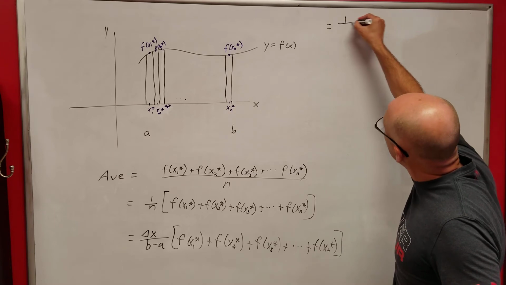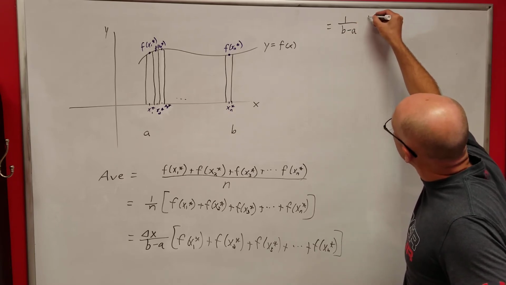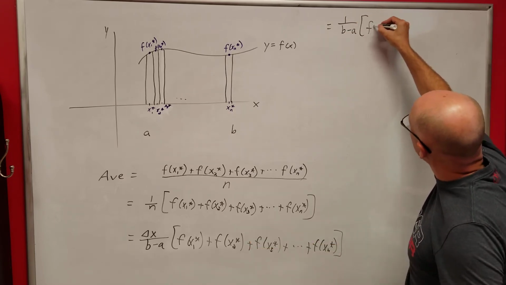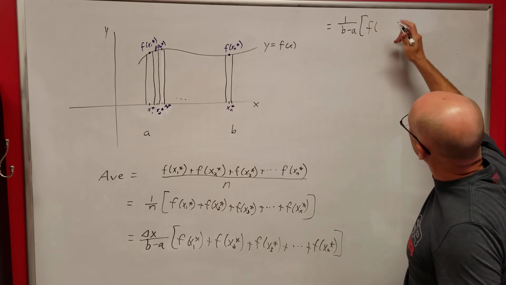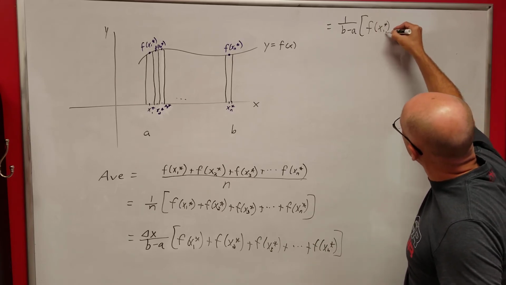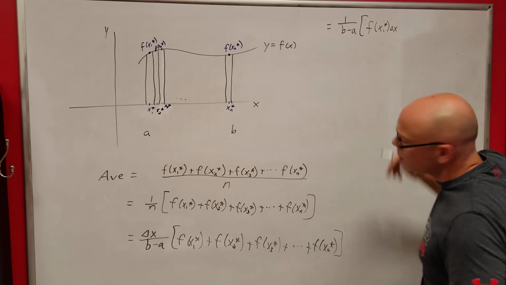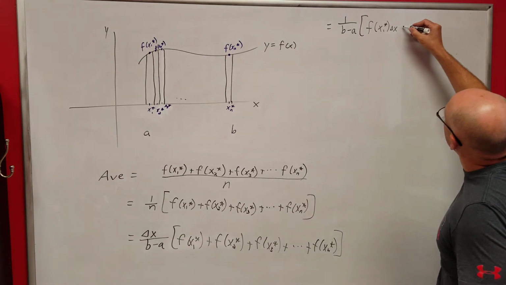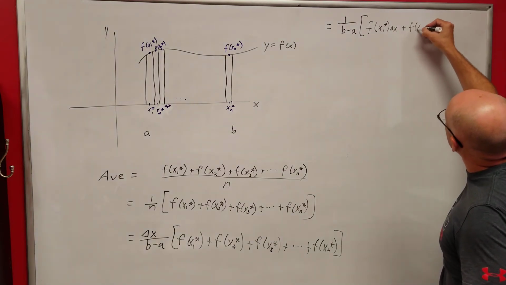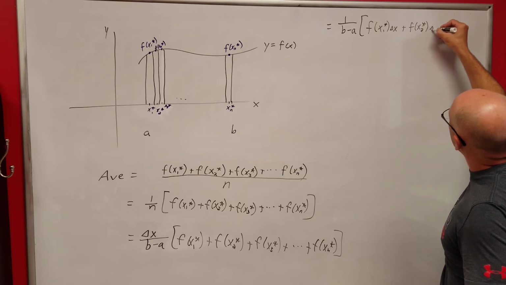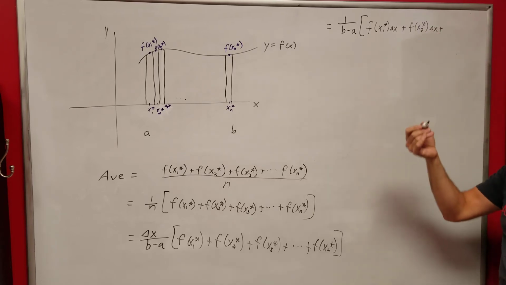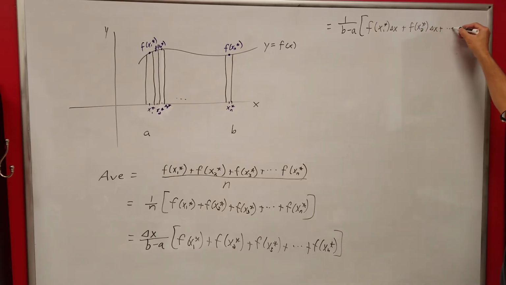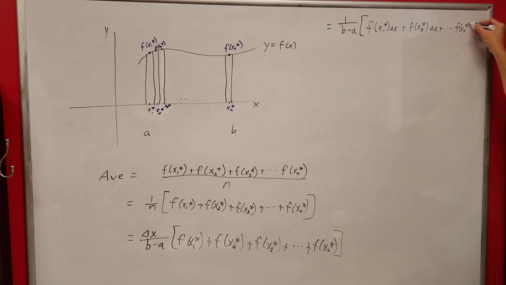That would give me 1 over b minus a times what? f at x1 star times delta x plus f at x2 star times delta x plus, now technically I need f of x3 star and so forth, but I'm out of room here, plus f at xn star times delta x, right?